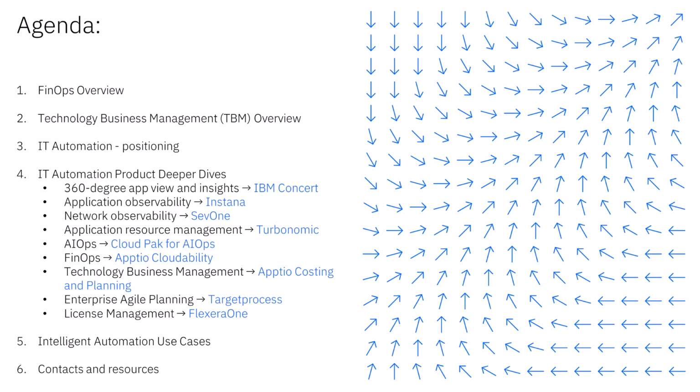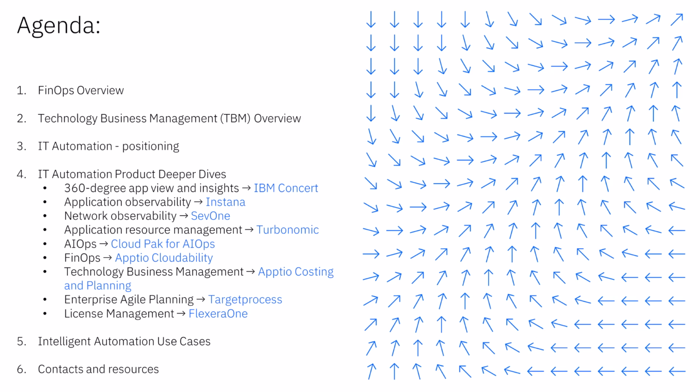The important part of this particular agenda are the IT automation product deeper dives. And we provide for each product in the IT automation stack a set of slides on each one. So for most of the products, there are 2 to 4 slides that go into a deeper discussion about the product itself.